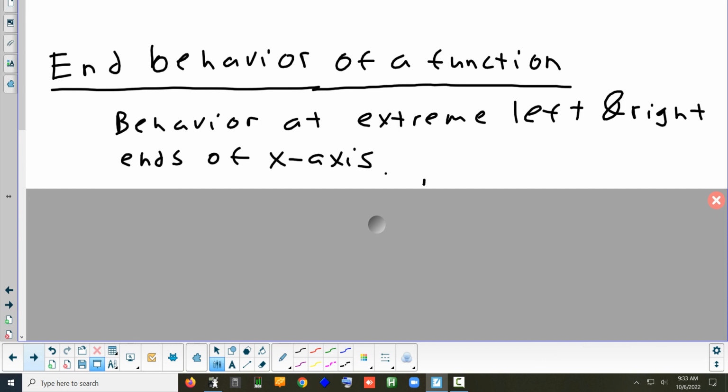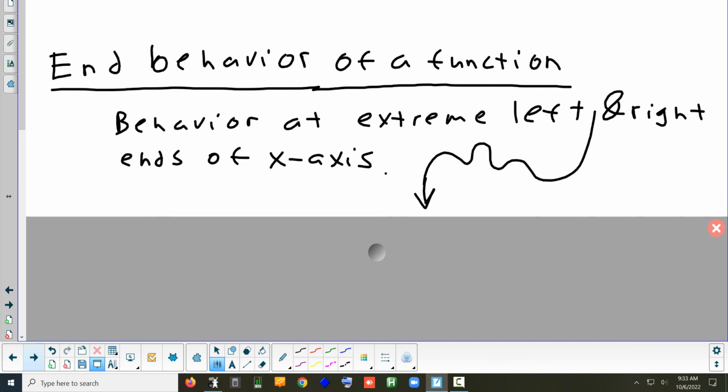So if you have a graph like this, maybe it goes up, it goes down, it goes up, it goes down, and then it goes back up. I would say that it's down on the left and it's up on the right. That's called the end behavior. Does it take little twists and turns in the middle? Sure. Do we care about that when we're talking about end behavior? No. It's just what's happening on the left and what's on the right.